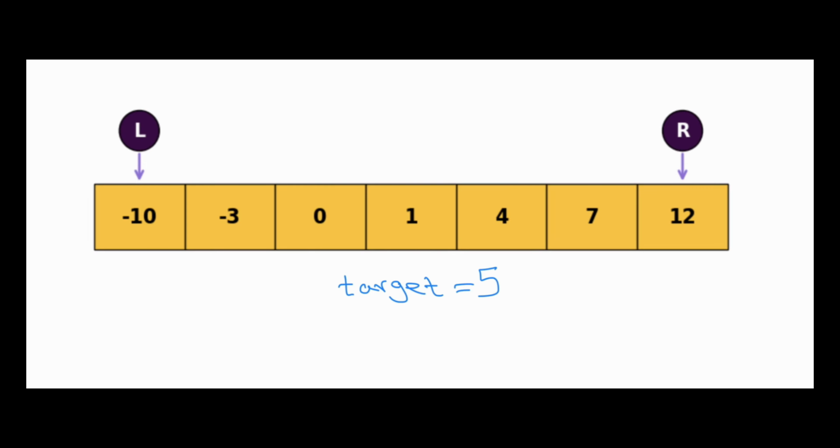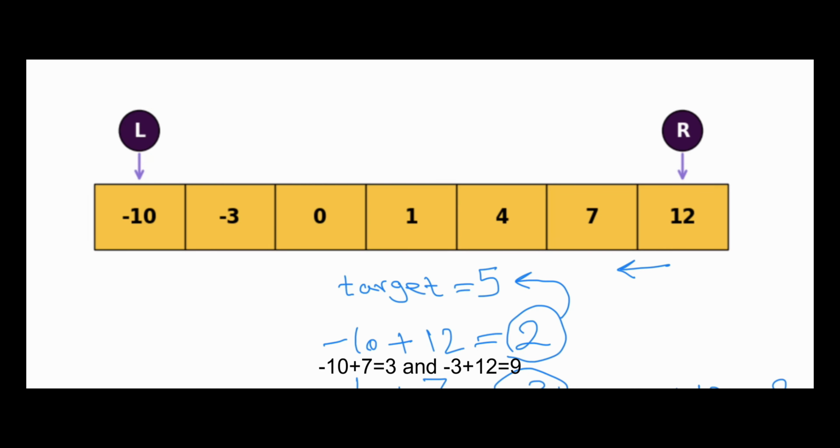Here the summation of the left and right is minus 10 plus 12, that is 2. So we have 2 here, we should reach 5. If we decrease the right pointer to 7, then we have minus 10 plus 7, that is minus 3. And if we increase the left pointer, we have minus 3 plus 12, that is 9.